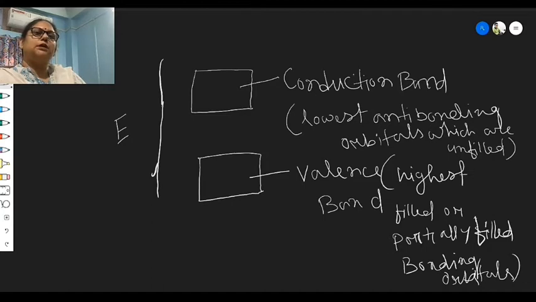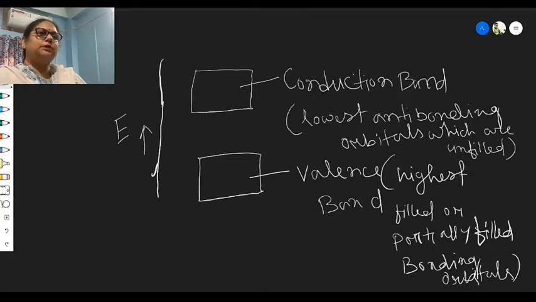That means they are not occupied by electrons. So here the conduction band is formed by the lowest antibonding orbitals which are not filled, and the valence band is formed by the highest bonding orbitals which are partially or fully filled.